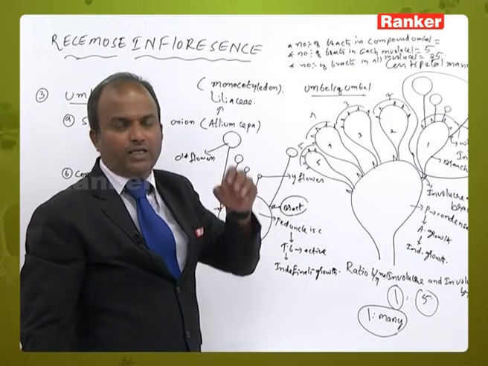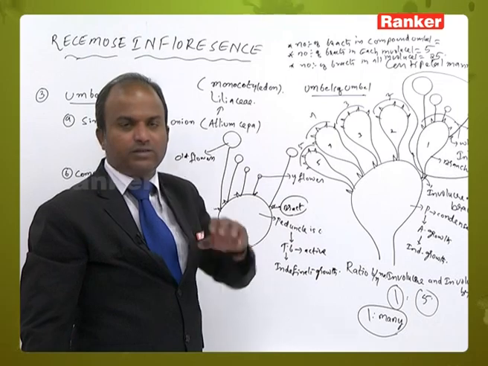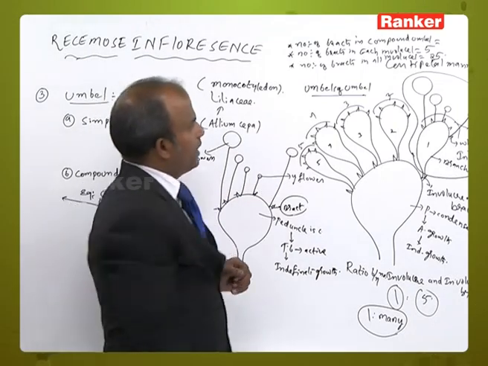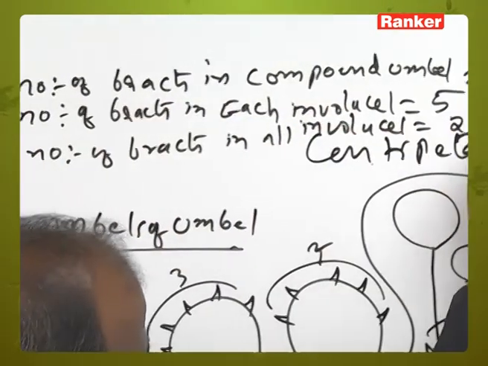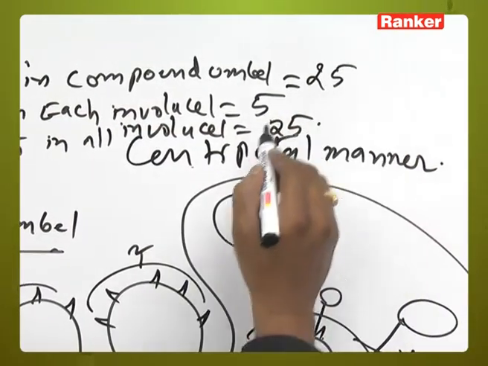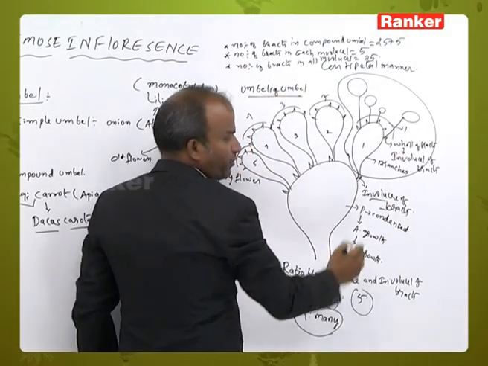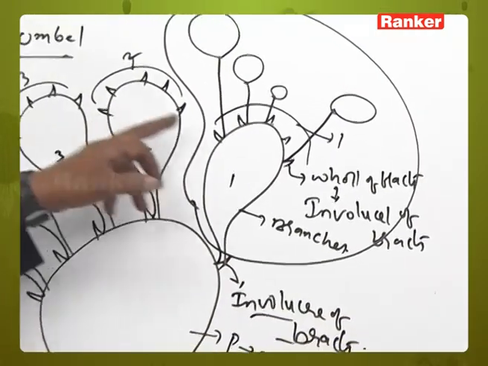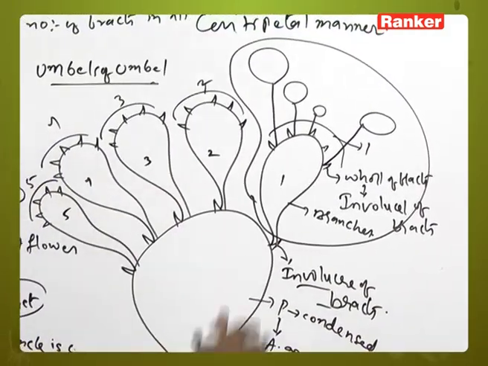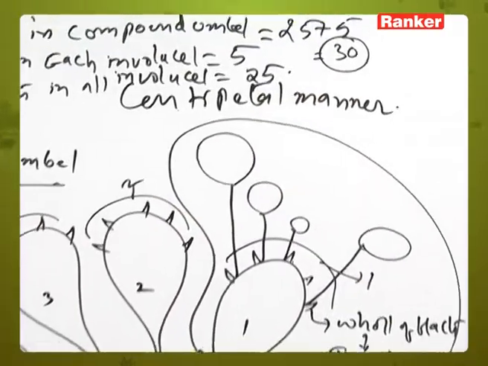I didn't ask the number of bracts in involucres or in an involucre, I asked the number of bracts in the compound umbel. That is equal to 25 bracts in involucres plus 5 bracts in the involucre, so 30 is the answer.